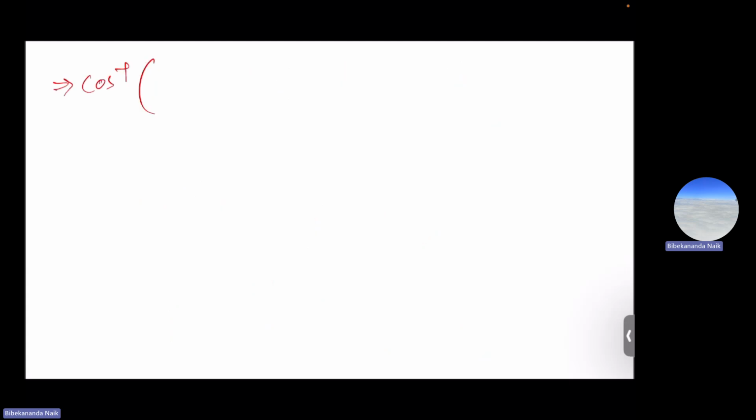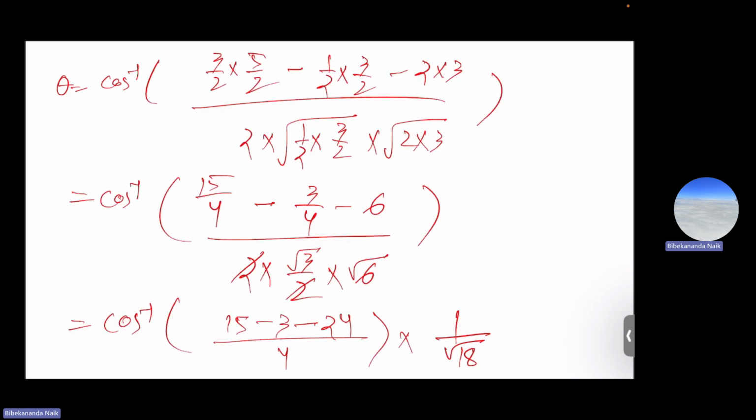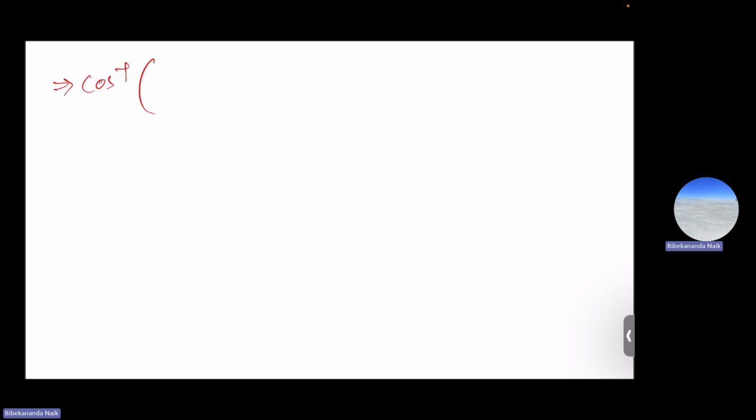So cos inverse of [24 minus 12] divided by 4 into 1 by root 18, which means 3 root 2, sorry.